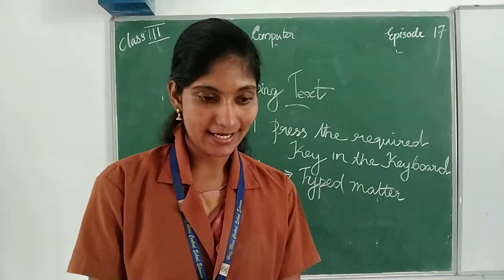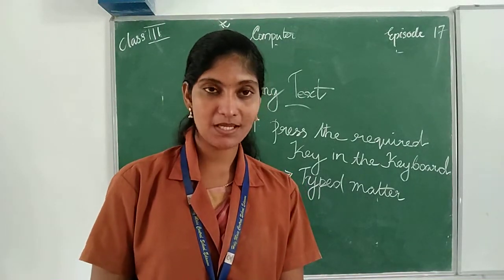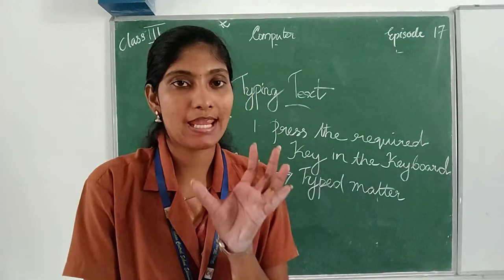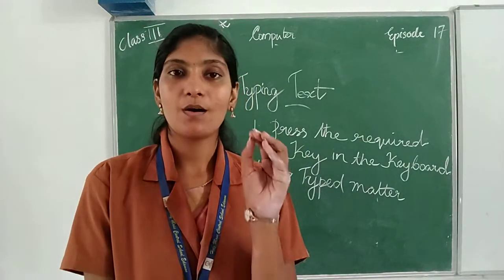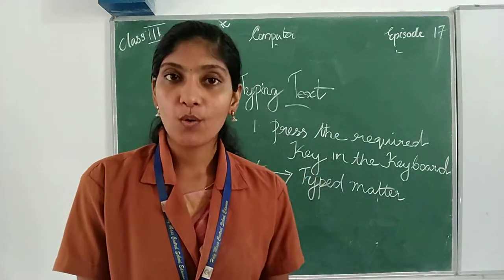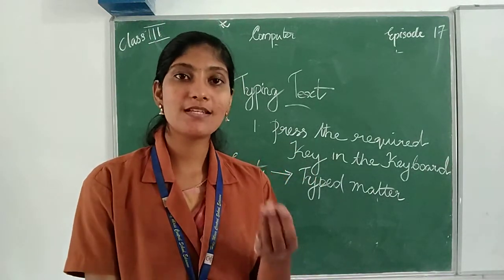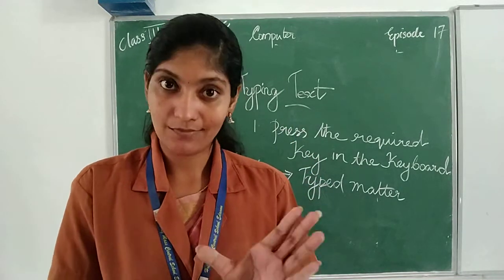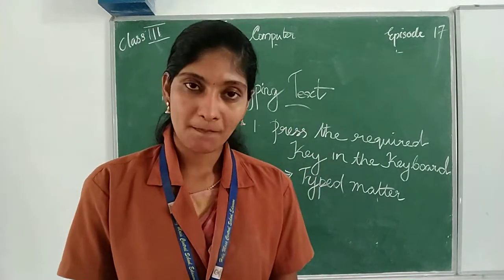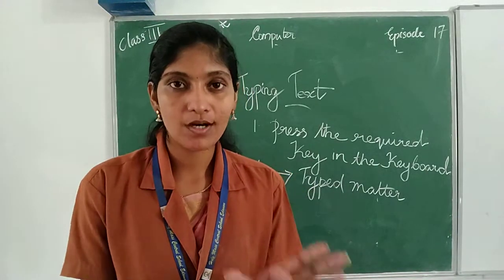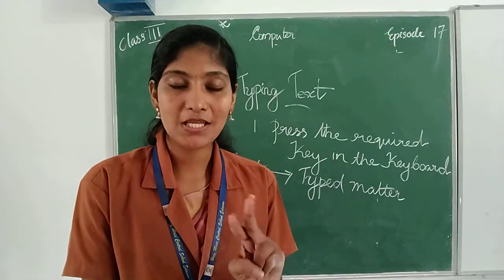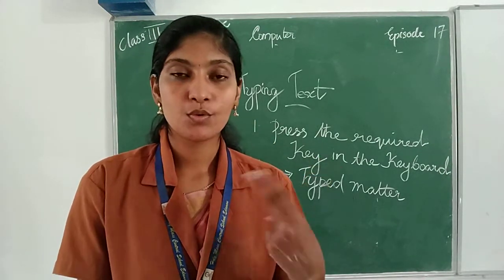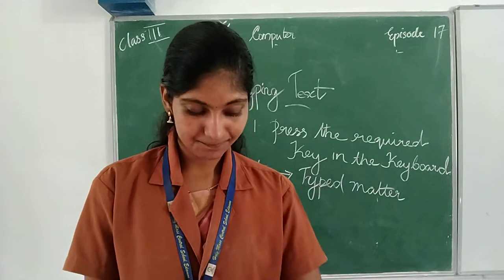Selecting the text is to choose a particular word or a sentence for further action. Further action means if you want to copy a text, you need to select the word or the sentence first. That means choosing the word or the text to do the further actions.